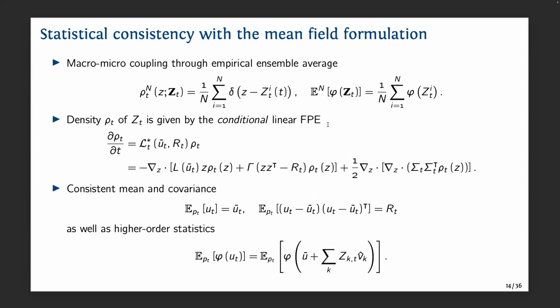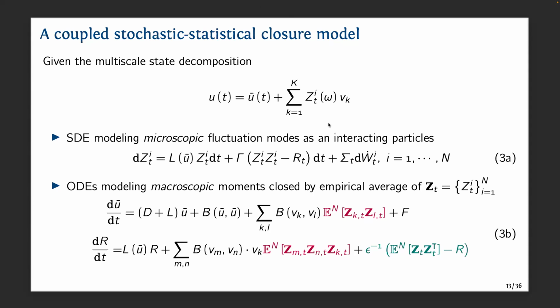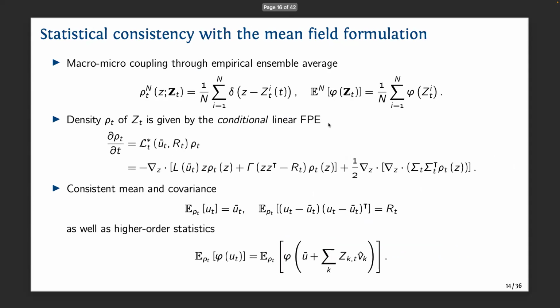That is, we can write the Fokker-Planck equation for the stochastic coefficients. It's a new measure rho, and we can show that U bar and R, the mean and variance computed in this system, are consistent with the original statistics, where P is the probability distribution of the original system.